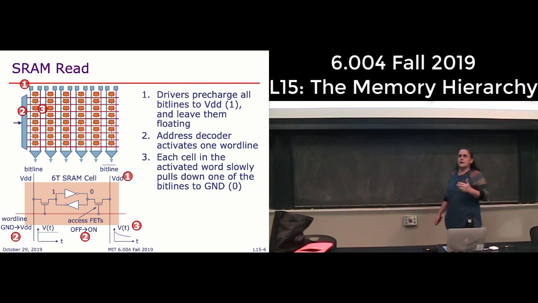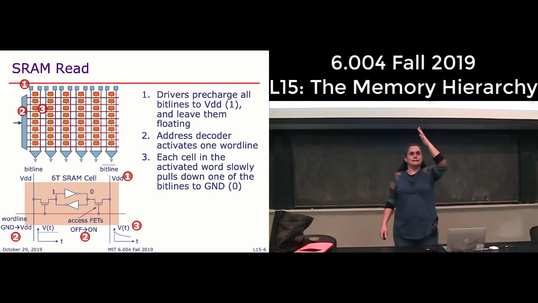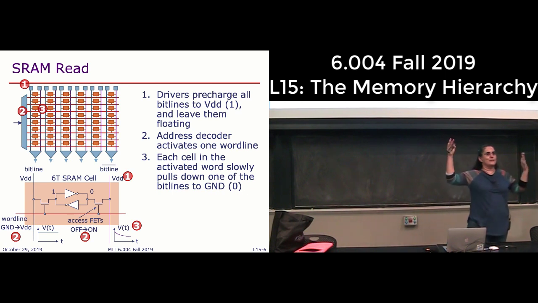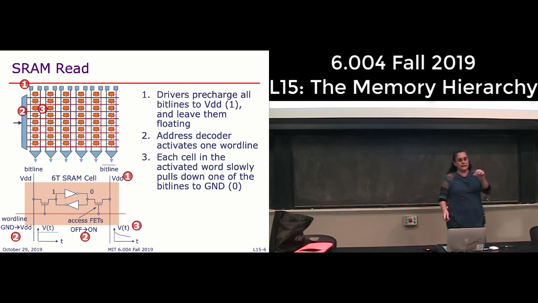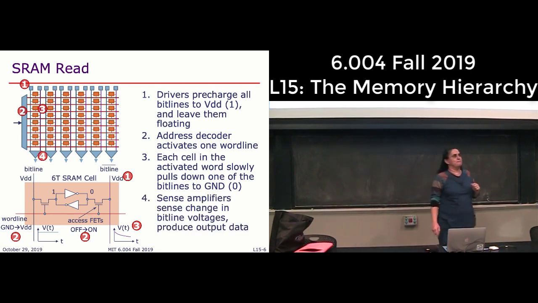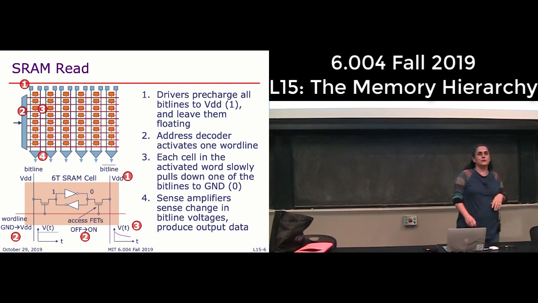Now it's going to take a long time because the bit lines are, you can kind of think of them, as these massive, large lines with a lot of capacitance, whereas each of these cells is very small. And so this is where these sense amplifiers come in. These sense amplifiers are used in order to detect that, hey, I went down by a little bit of voltage.